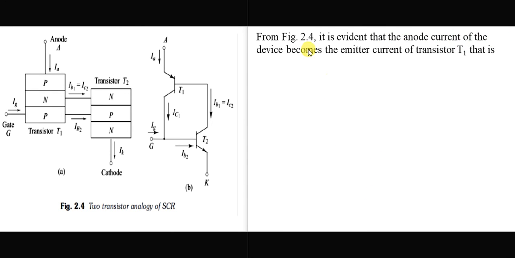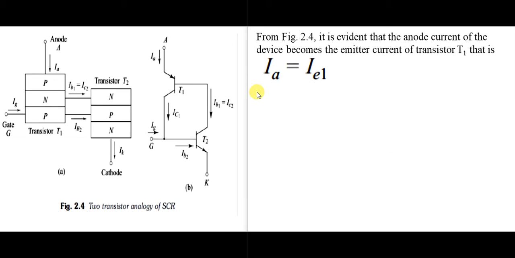From this diagram, it is clear that the anode current of device 1 becomes the emitter current of the other device. That is, IA is now equal to the emitter current of transistor 1 from this diagram.